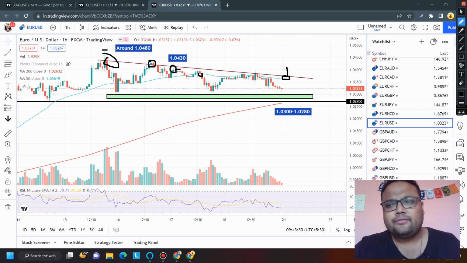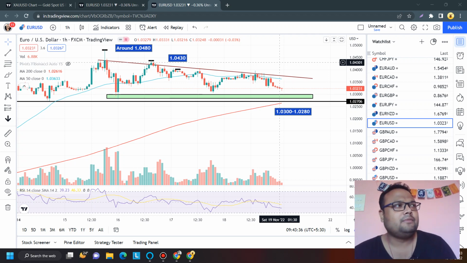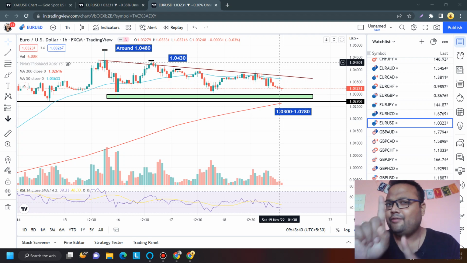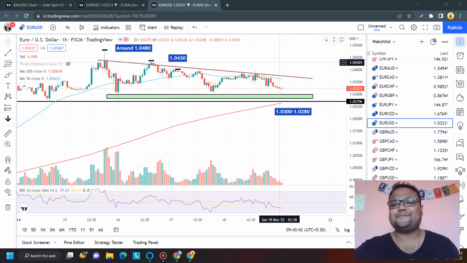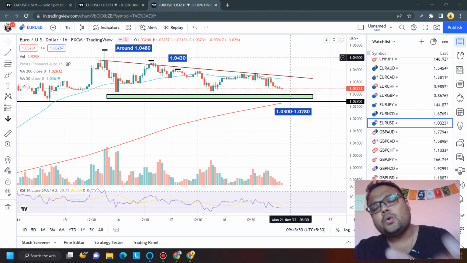And for additional confirmation, you can also look at the chart of DXY while taking a sell on Euro USD. Just get the additional confirmation that DXY is going up, because they always move in the opposite direction, isn't it? As we have just discussed, the market opening will be very important for DXY, because DXY almost closed at the resistance.